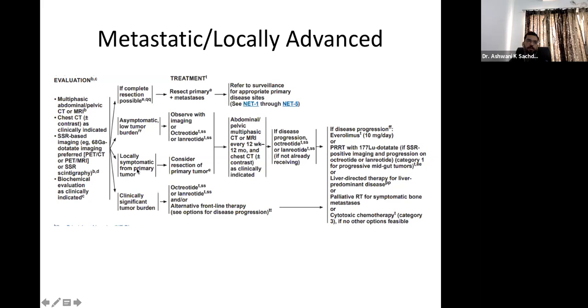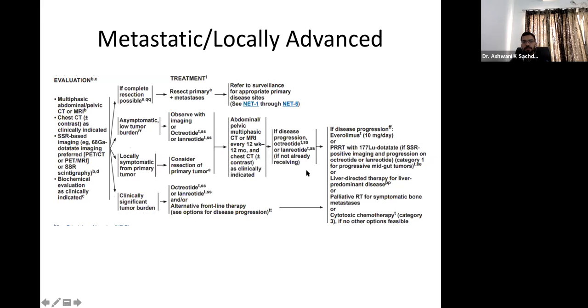If there are local symptoms from the primary tumor, then resect the primary tumor and then consider octreotide or observation. And if it is a clinically significant tumor burden, then octreotide, lanreotide, or other alternative frontline therapies can be given.